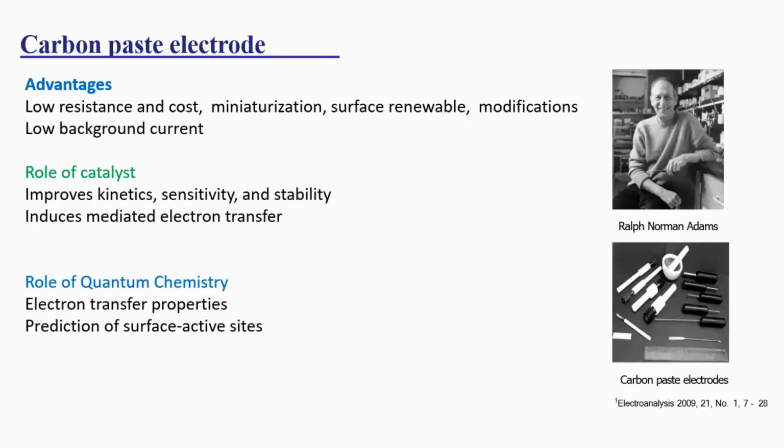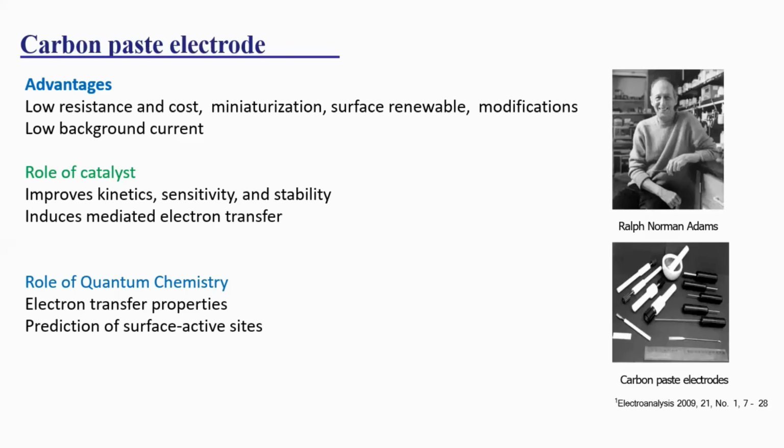For example, students or researchers already know about the possibility of miniaturizing carbon electrodes, in particular carbon fiber. These carbon fibers are widely known, and we can even insert them into the brain of a mouse or some living animal, and measure the concentration of important biomolecules or neurotransmitters like dopamine.